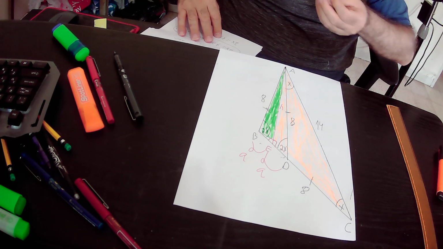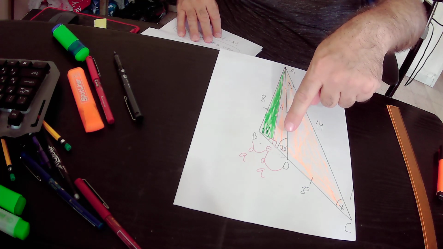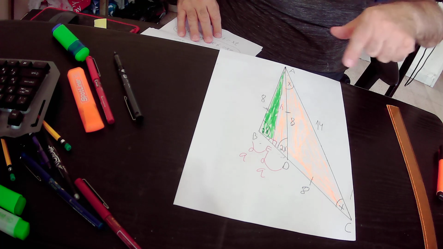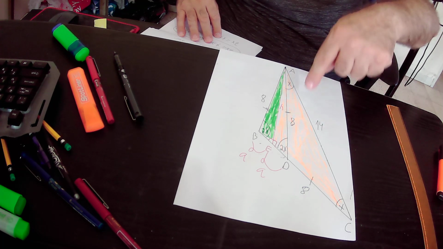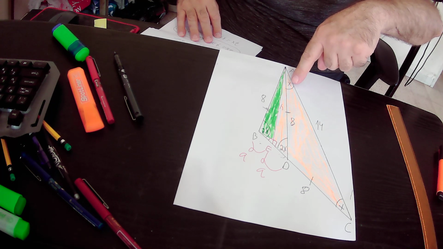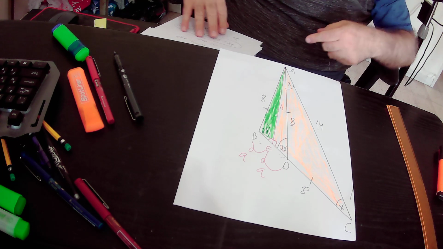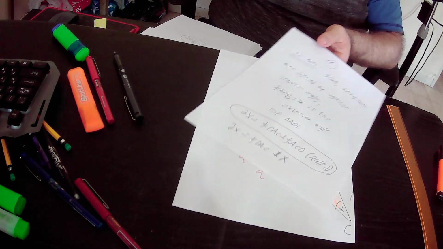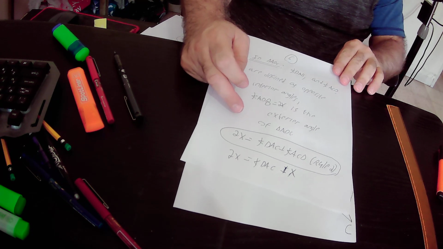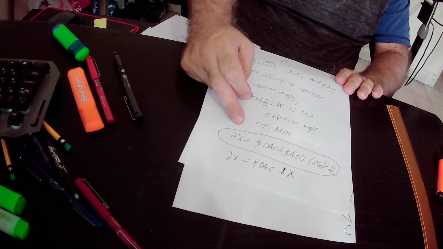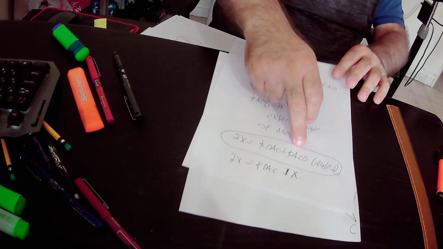So according to rule number 2, the exterior angle that equals 2x also equals the sum of the two opposite interior angles, or 2x equals angle DAC plus angle ACD.